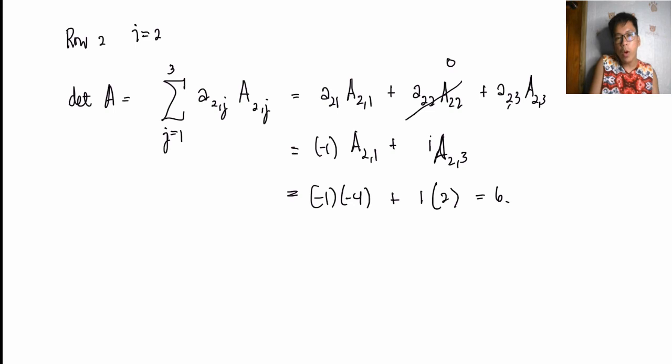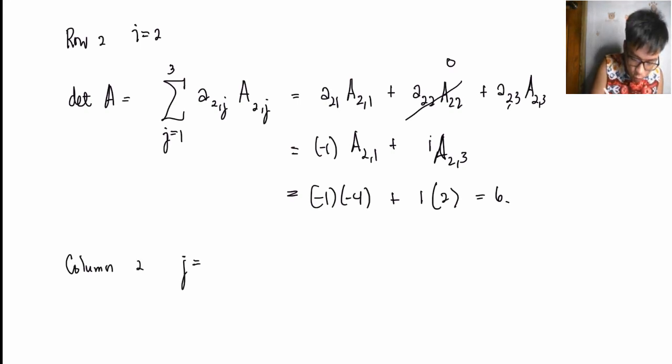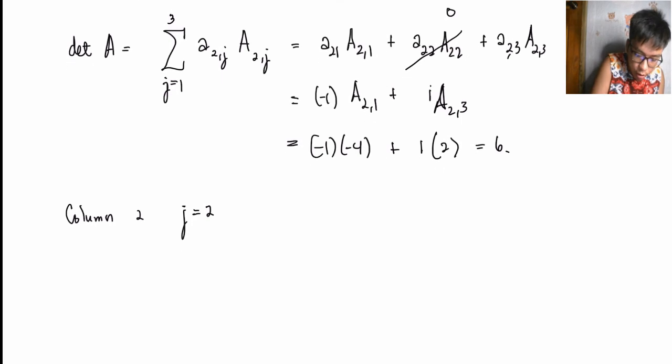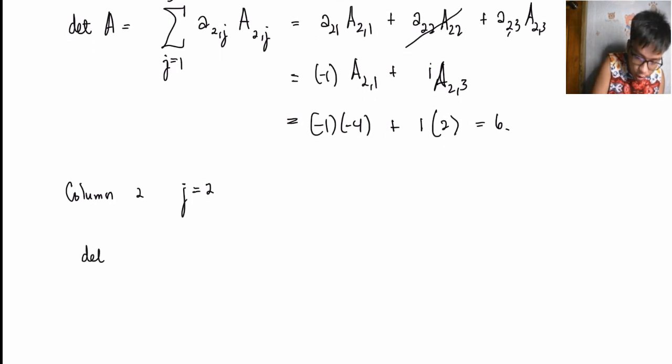Now, what if I don't want to use row 2, I want to use column 2? So that's still the same. That means my j here is 2. So I use the formula for column j. So the determinant of A equals the summation of aij Cij, i from 1 to 3.